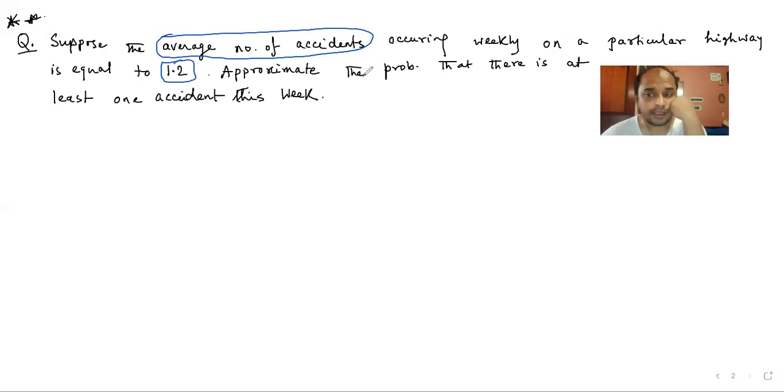In the coin tossing problem, we had the value of small n, the number of experiments, and the probability of success, and we multiplied n by p. So we found the value, but here the value of n is missing, the value of p is missing, but this quantity is given, which is 1.2. Obviously, we can understand that we have to apply this particular value somewhere, somehow.